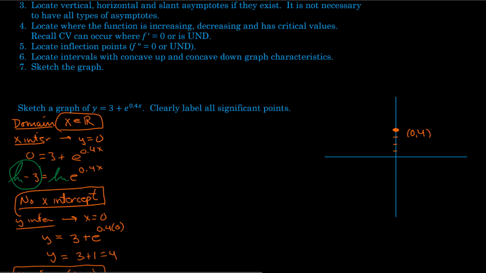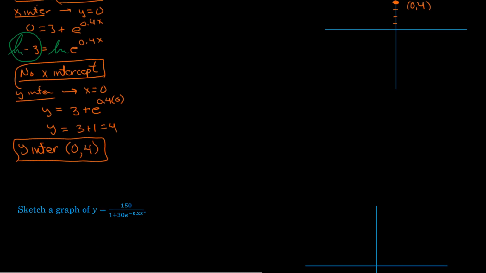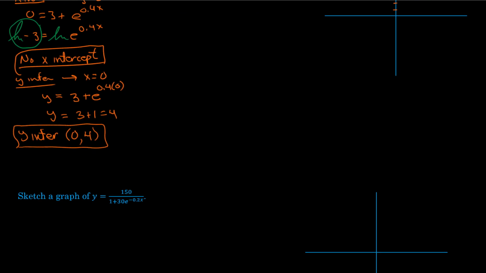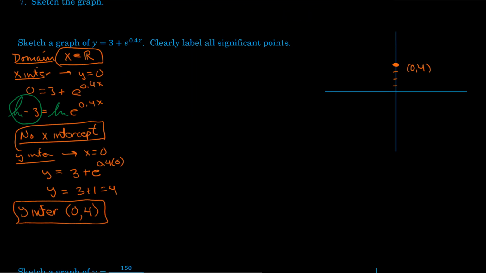Number 3 on the list is to locate any asymptotes if they exist. Notice it says if they exist. It may be that there are no asymptotes. That's entirely possible. Okay, so for our asymptotes, I'm going to consider vertical asymptotes first.